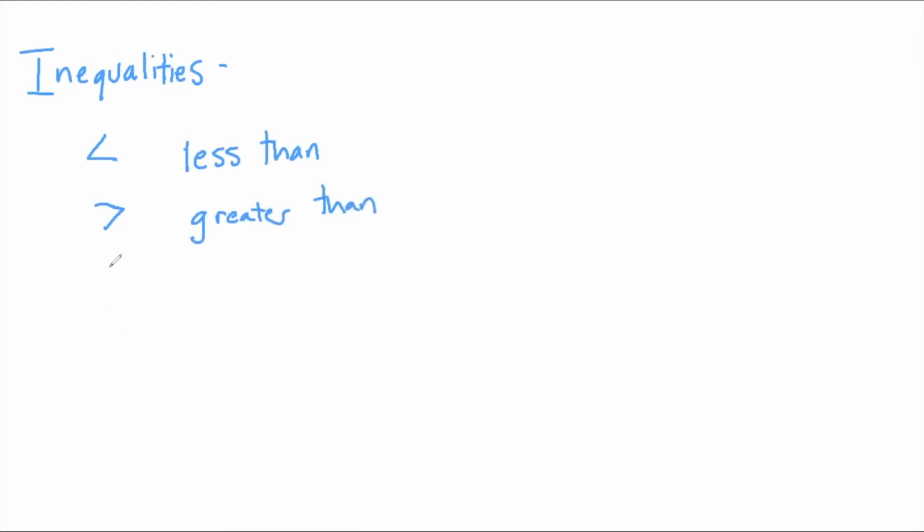And then we have less than or equal to. And this is saying that you want to be less than or equal to that number, whatever number that may be. And then lastly, you have greater than or equal to.